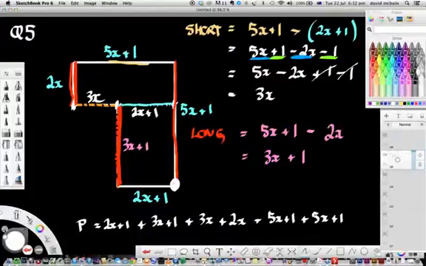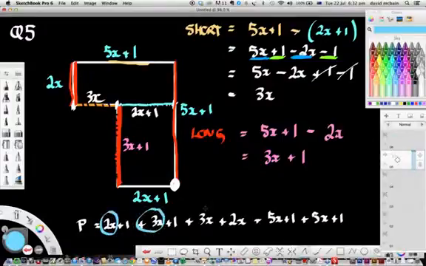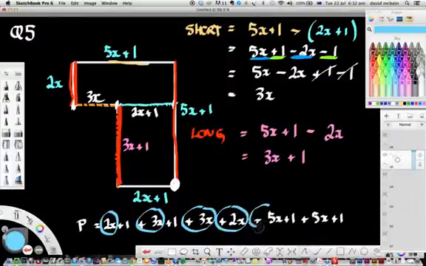Now, grouping our terms, I'll highlight the terms. So we've got positive 2x, positive 3x, positive 3x, positive 2x, positive 5x, and positive 5x again. They're all like terms. 2 plus 3 is 5, plus 3 is 8, plus 2 is 10, plus 5 is 15, plus another 5 is 20.